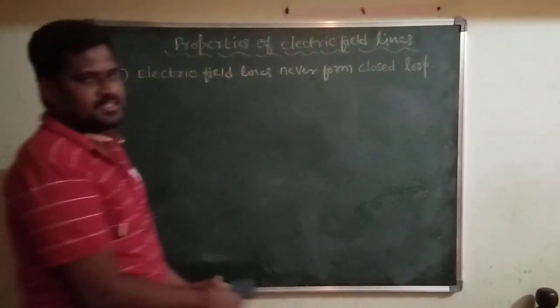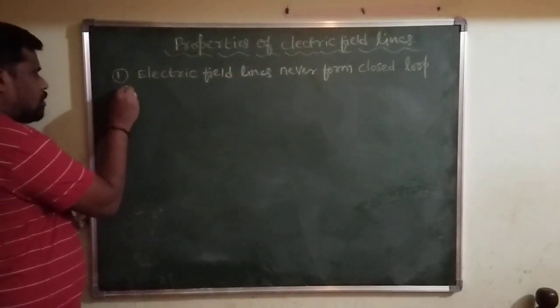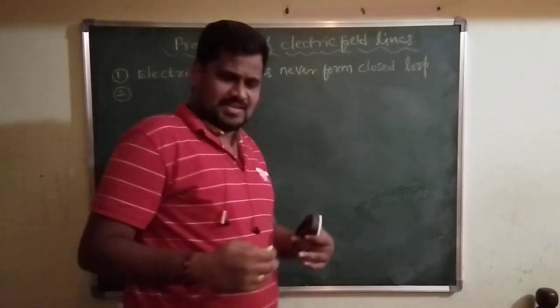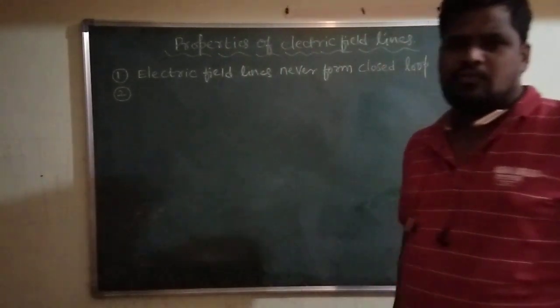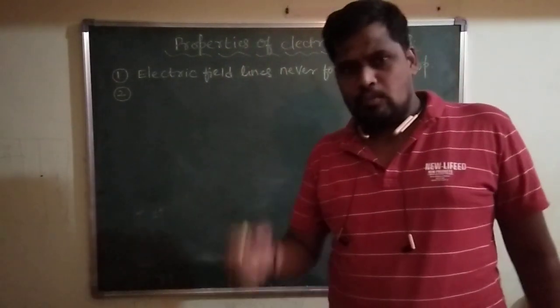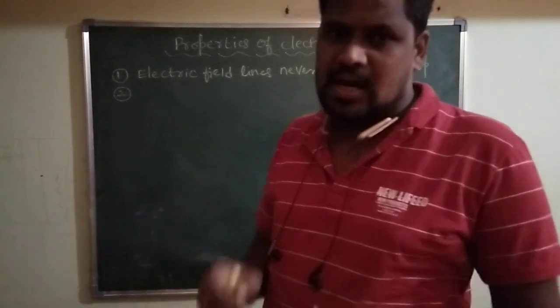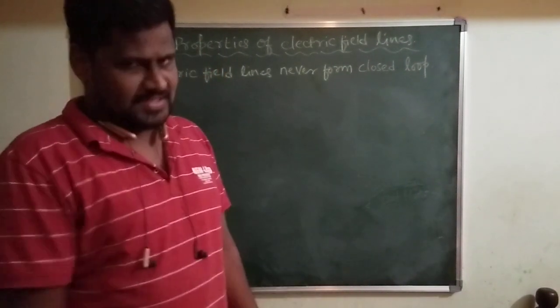Electric field lines. If we go for the second important property, for a single charge there exist many electric field lines. How many electric field lines exist around a single charge depends on the magnitude of the charge.